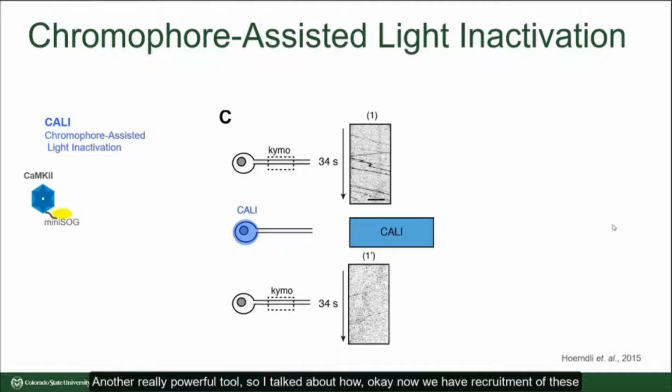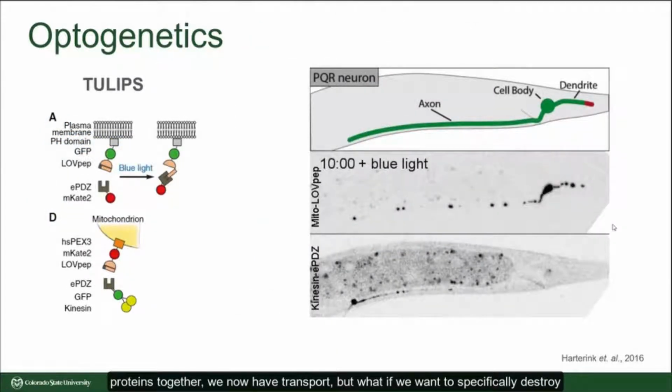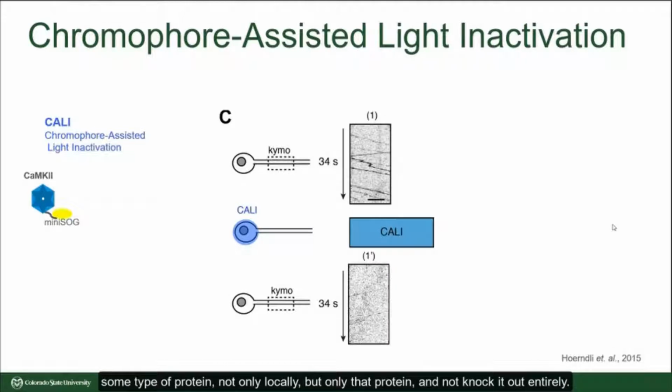Another really powerful tool: I talked about how we now have recruitment of these proteins together, we now have transport, but what if we want to specifically destroy some type of protein, not only locally, but only that protein, and not knock it out entirely? This is PALI for short.